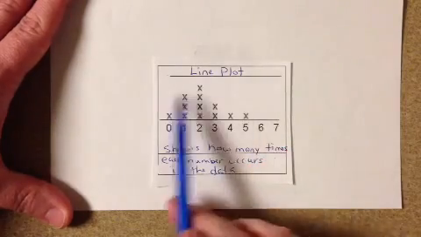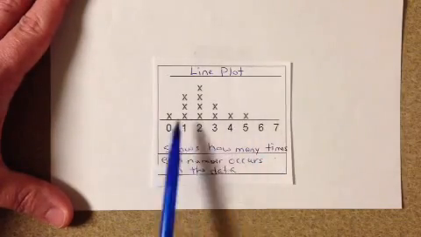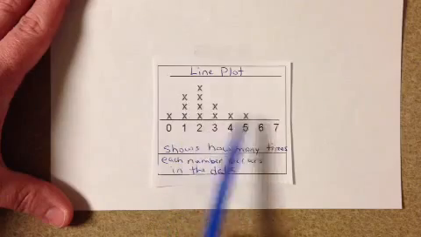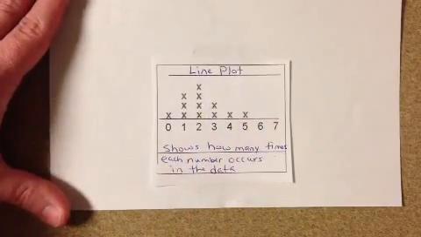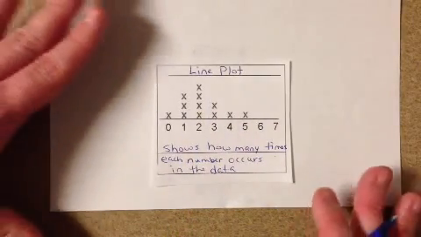And it's created with the number line, and then it just has the X's above each number to represent how many times that number occurred. All right, so let's look at the next slide.